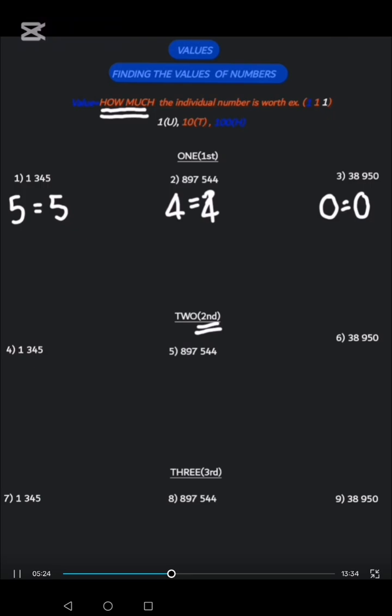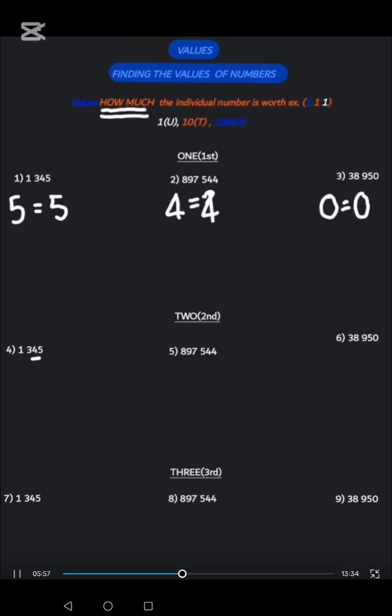Now in this next scenario, they tell us to look for the second last digit in a number, and that is the tens. The first number they give us is 1345. We look for the second last number, which is 4.